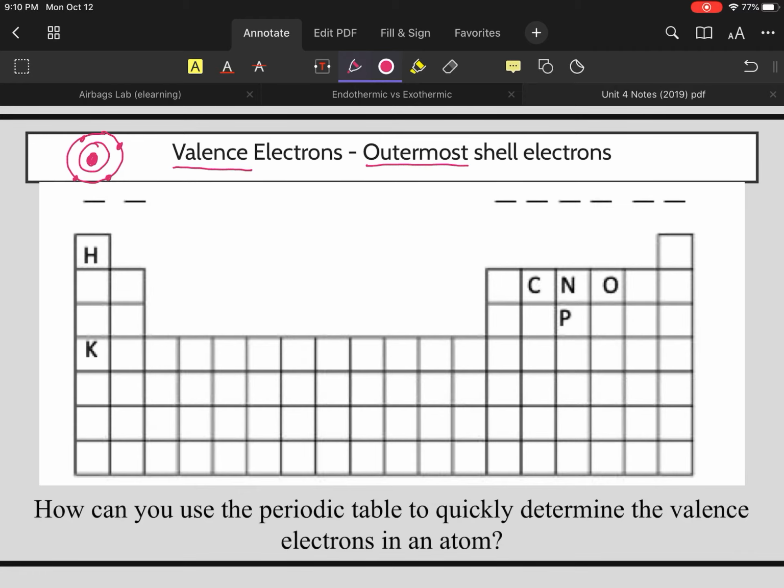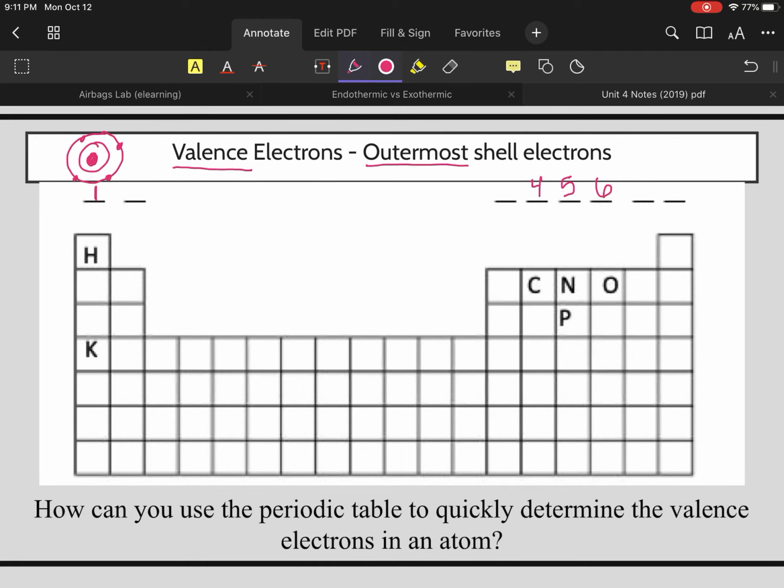So, for example, hydrogen has 1 valence electron. Carbon has 4 valence electrons. Nitrogen and phosphorus both have 5, and oxygen has 6 valence electrons.